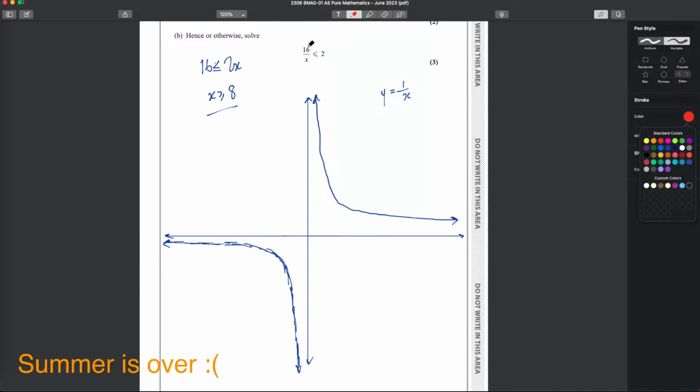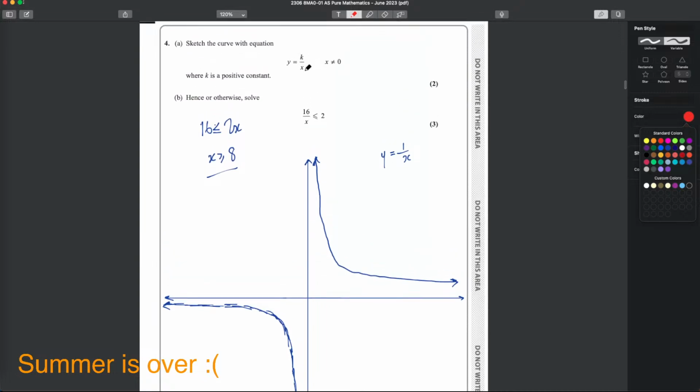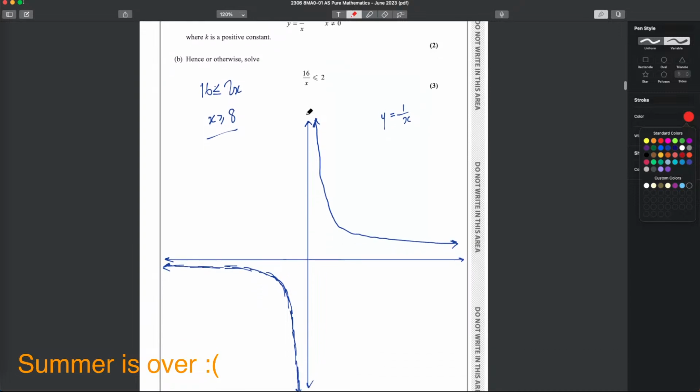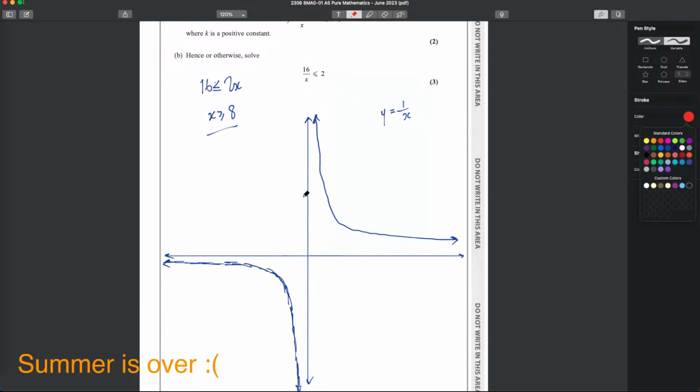Well, actually I wanted to finish my thought on this transformation. What happens when we change this numerator first? I kind of just wanted to remember this point about graph transformations. So when that numerator changes, the generic graph is y equals k on x, and when k, for example, increases from 1 to 16, what happens?